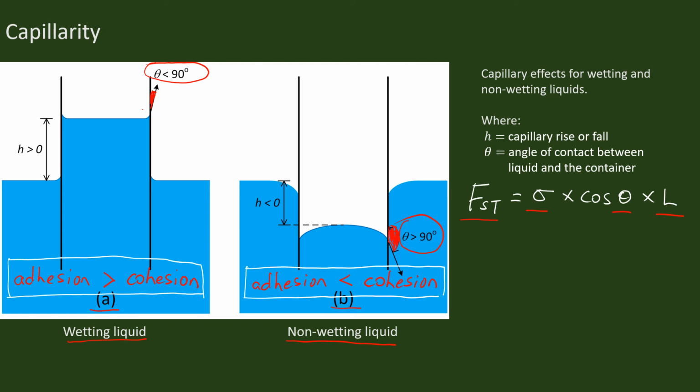The equation for surface tension force, F sub st, is equal to sigma times cos theta times L. In the next video, we will look at how to derive the equation that we can use to find the capillary height here.